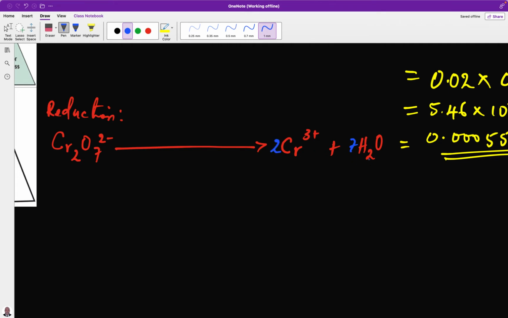Now we need to balance hydrogen on the left. There's no hydrogen on the left. According to the rule, in acidified medium we balance hydrogen with a proton, which is a hydrogen ion.